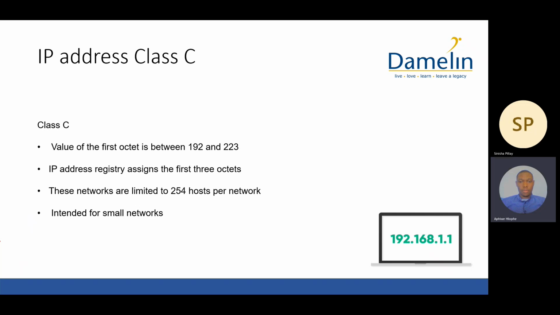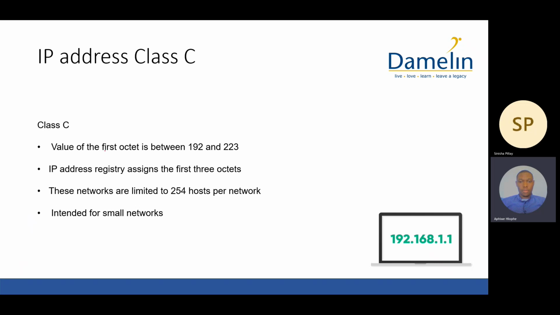Then we have class C IP addresses. The value of the first octet is between 192 and 223. Okay, the highest number we can have on an octet is 255. Okay, next time I see you, you're going to discuss the binary system, and you're going to see why the highest number you can have per octet is 255.